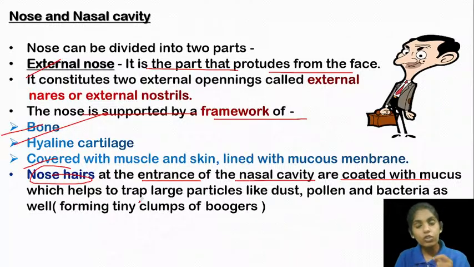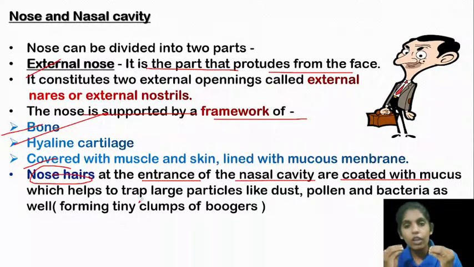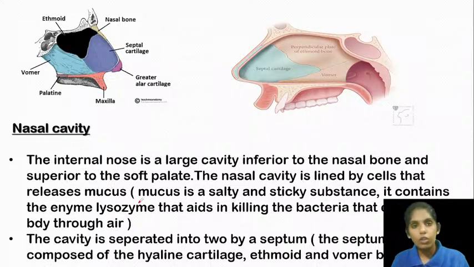This mucus is a sticky substance which will help in trapping any dust molecules, bacteria, or pollen which may enter the body through the air. When the hair traps the dust molecules, tiny clumps of dust are formed, which are known as goobers.